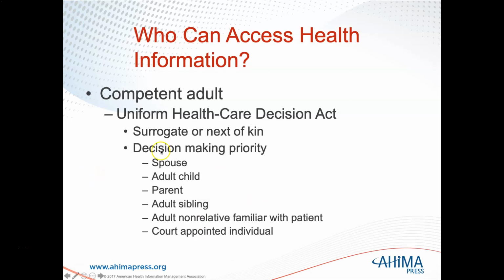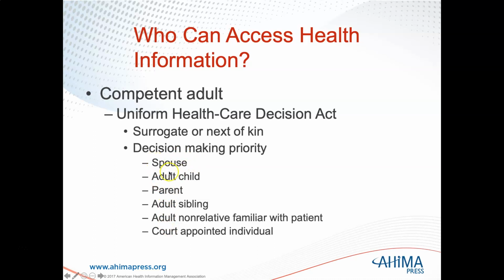So if you have the executor of the estate or the estate's administrator, they get there first in terms of determining access, use, and disclosure of a deceased person's PHI. If there is no executor or administrator of the estate, then they start working their way down this decision-making priority.